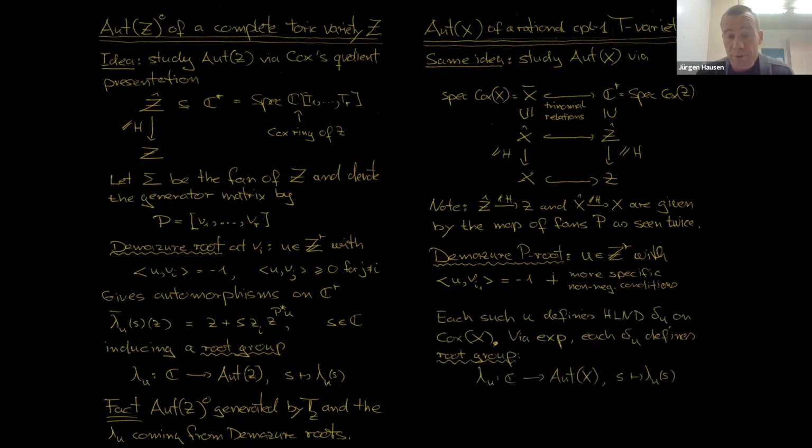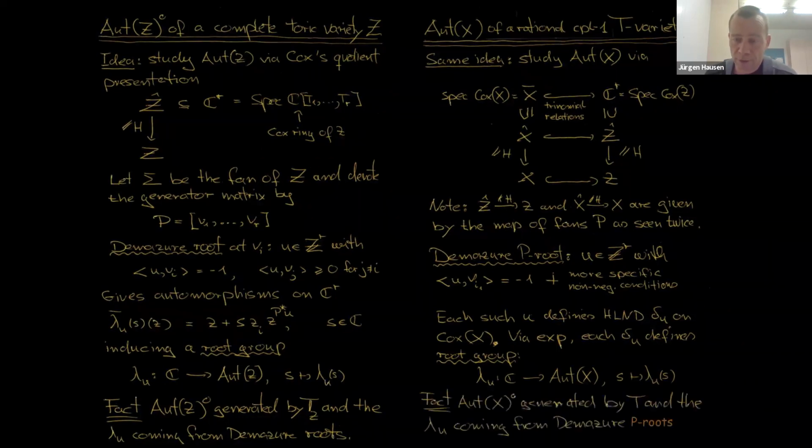In the same way, these Demazure P-roots define automorphism groups. We go the usual way. We associate a suitable homogeneous locally nilpotent derivation delta_u with each such Demazure P-root. And then if we apply the exponential map, these homogeneous locally nilpotent derivations give us root groups. That means additive one-parameter groups in the automorphism group of X. And the fact is almost the same.